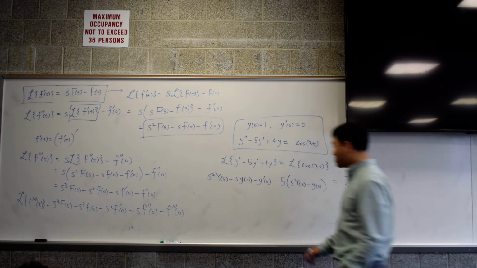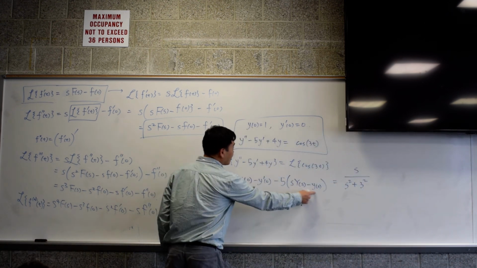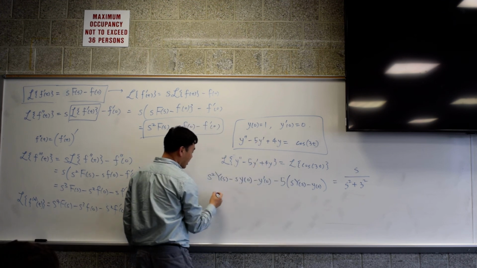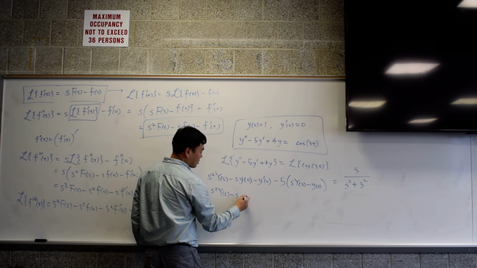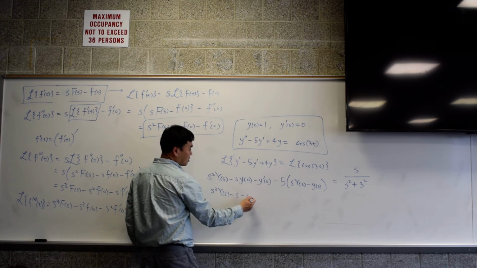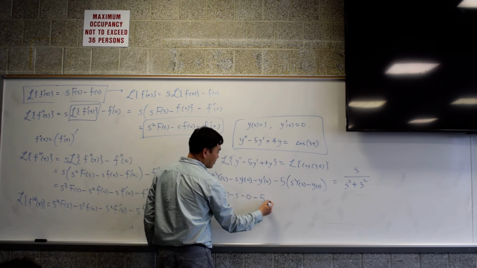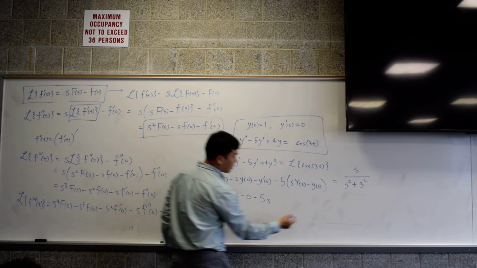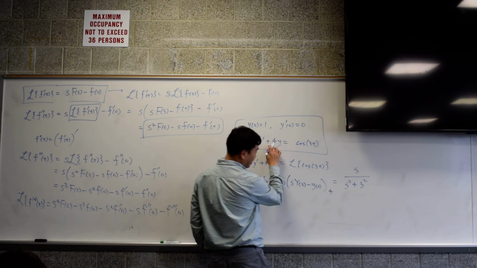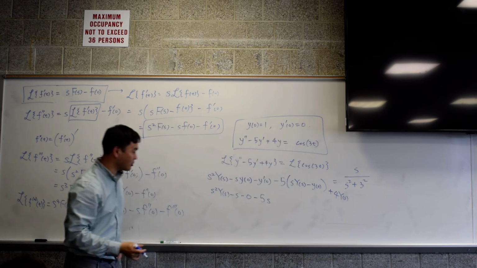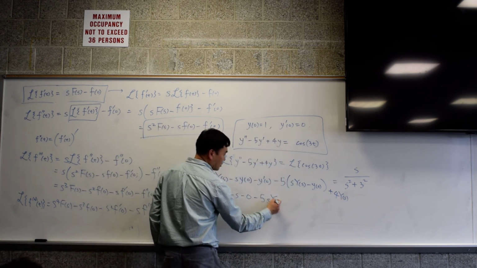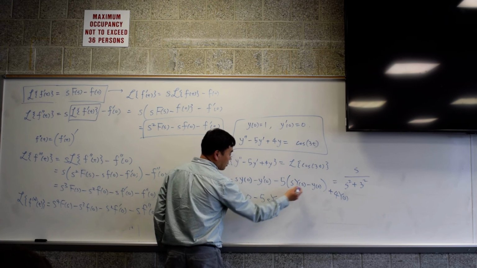And I can even replace what y of 0 is. Y of 0 is 1, right? So I have s squared Y of s minus s. What's y prime of 0? That's 0. Minus 5 s. Oh, sorry, I forgot the last one. Plus 4 Y of s. Sorry about that. So coming back here, y of 0 is 1.